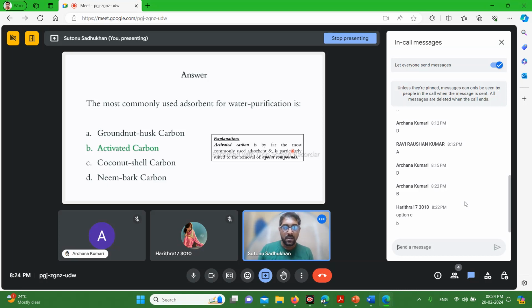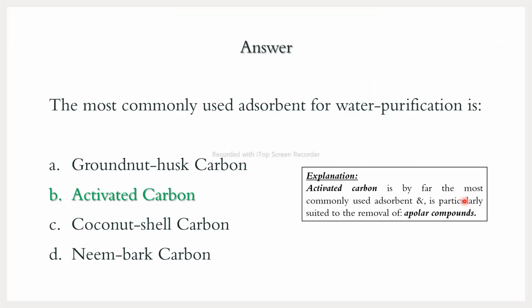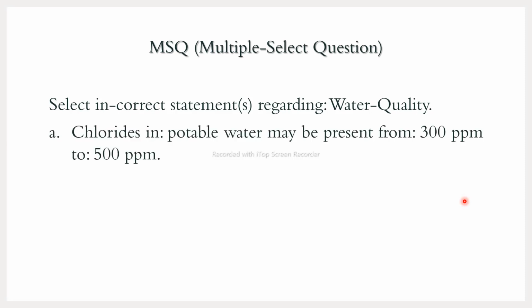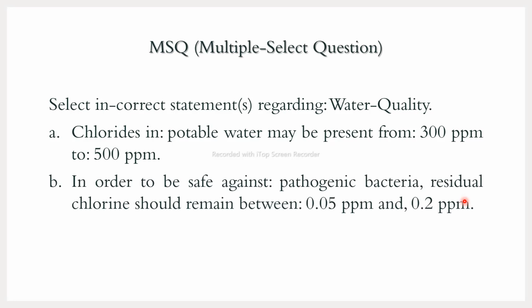Okay, now we will move on to our next MSQ. So it is a multiple select question. Select the incorrect statements regarding water quality. There may be one or more statements incorrect regarding water quality. Option A: chlorides in potable water may be present from 300 ppm to 500 ppm.